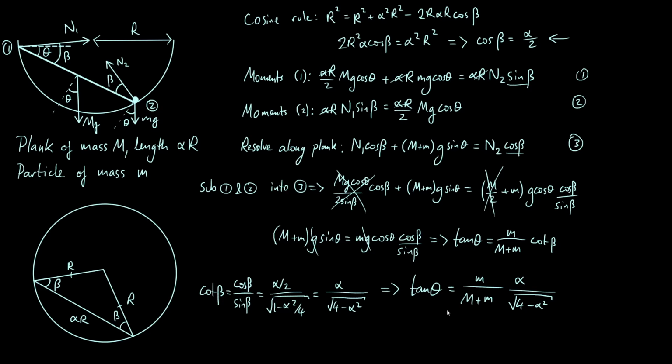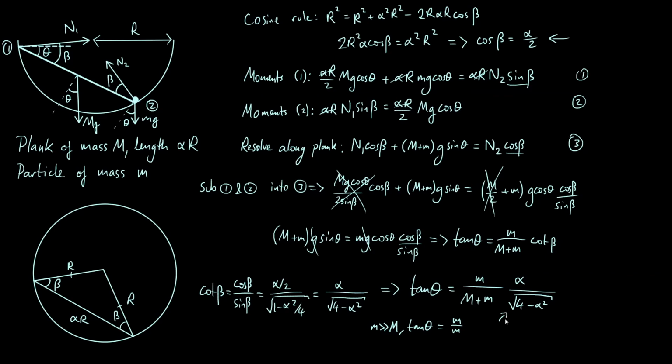There's another interesting limit we can take, which is when small m is really big compared with big M, right? So if small m is much bigger than big M, what we're going to get is basically m over m as our first fraction, because we can just ignore big M if it's really small, and that just cancels and gives us 1.